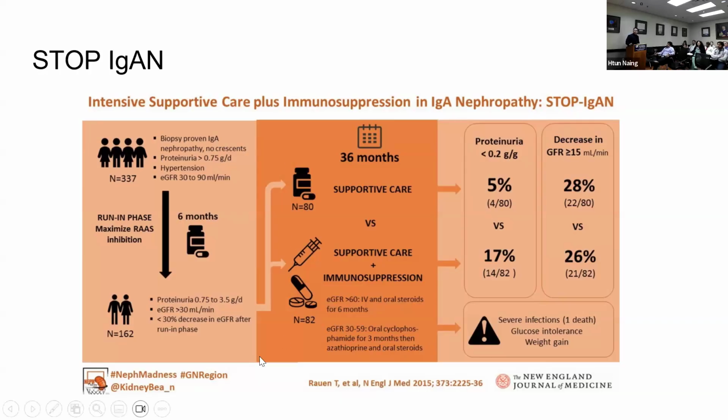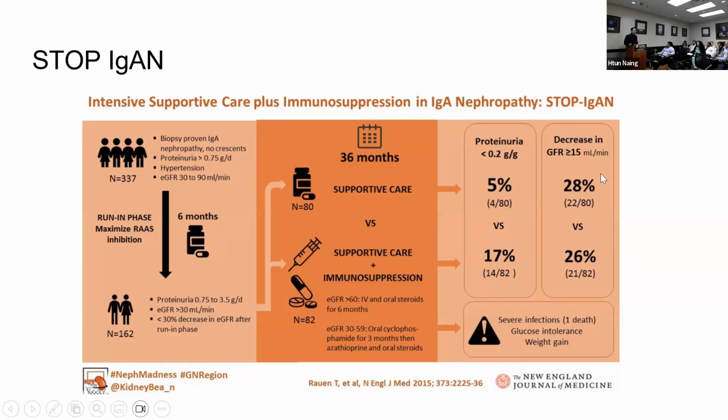If you look at this, about 5% of the patients in the control group achieved proteinuria less than 0.2, and the treatment group achieved 17%. So you have the proteinuria recovery, but when they compared eGFR decline of less than 5, there's no difference.